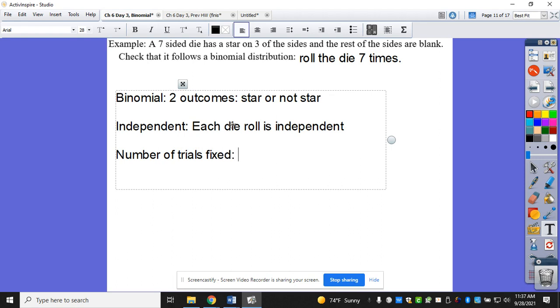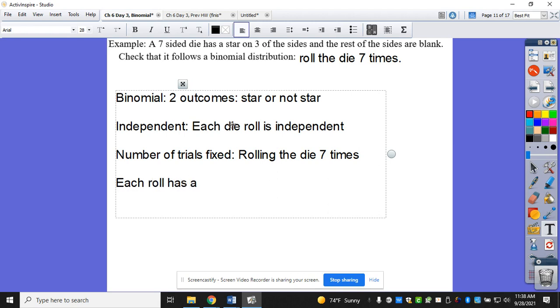What do I write there? And what's my last one? Oh, yes, binomial.